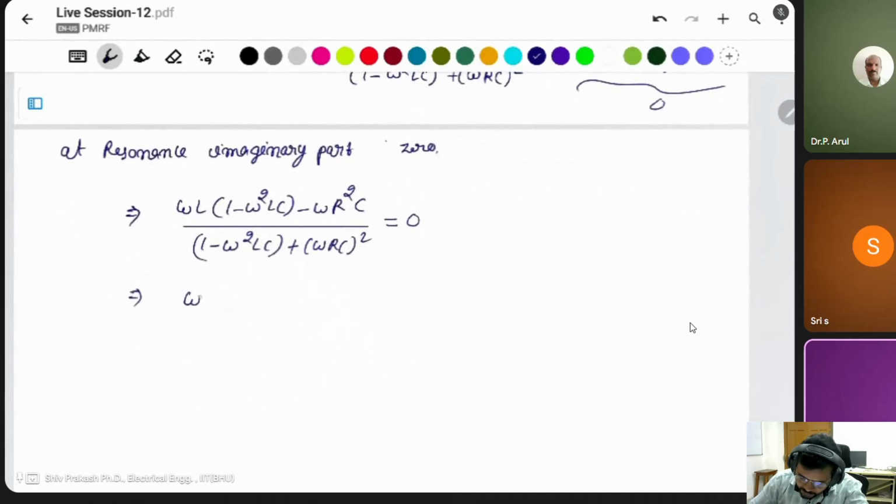That means we multiply by the denominator, and all of the value is 0. So omega L times 1 minus omega square LC minus omega R square C is equal to 0.